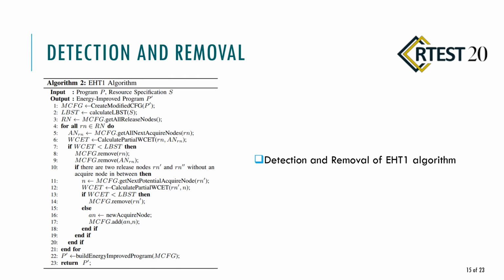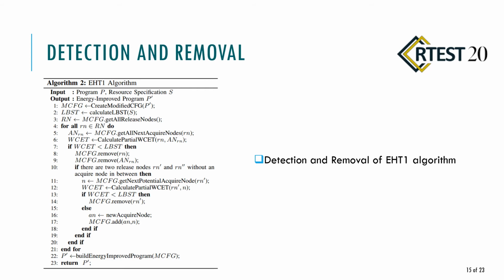The algorithm traverses the modified CFG to collect all release nodes in line 3. Then for each release node, it traverses the modified CFG to find all next acquire nodes in line 5. Then the partial W set between the release node and all its next acquire nodes is calculated and assigned to a value in line 6.